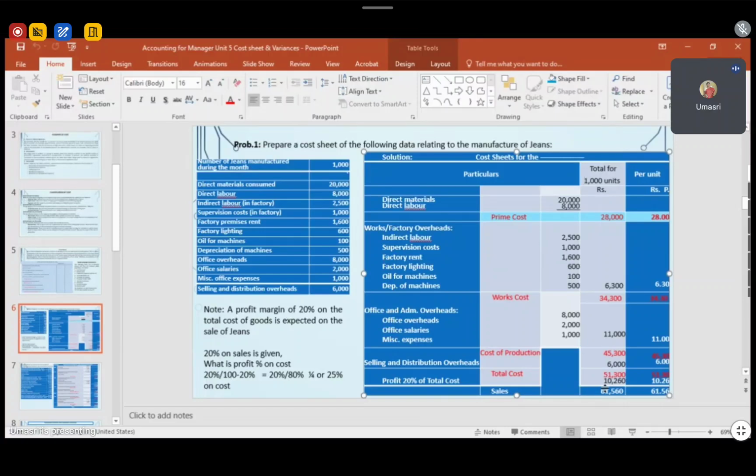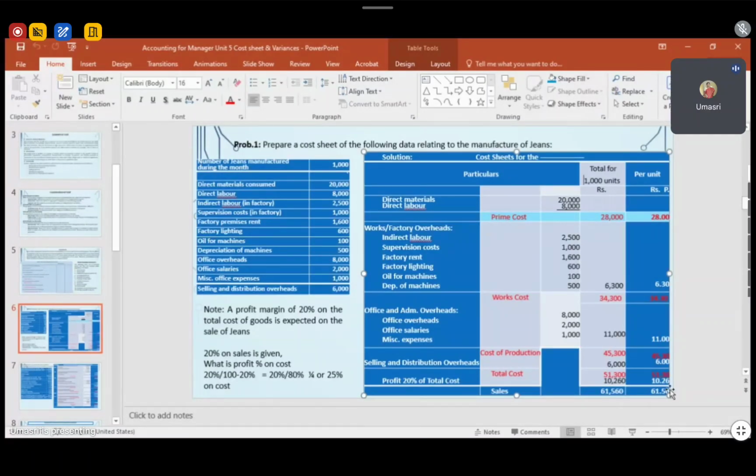So 10,260, right? You add it. So total sales value is 61,560. This is the sales value divided by 1,000 jeans. Per unit jean value is 61.56. 61 rupees 56 paise. So this is the method you have to find out, right?